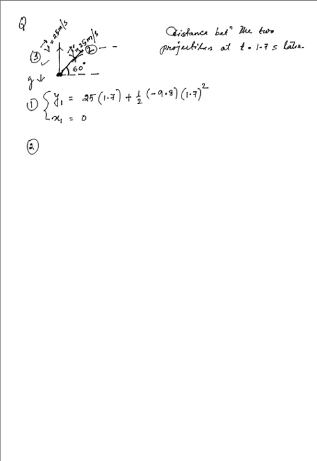For the second body, as it travels with a constant speed along the x direction, it will travel a distance of x2 along the x direction, and that too with a constant speed, which is 25 cos theta. Now cos theta, that is cos 60 over here, is simply equal to half.